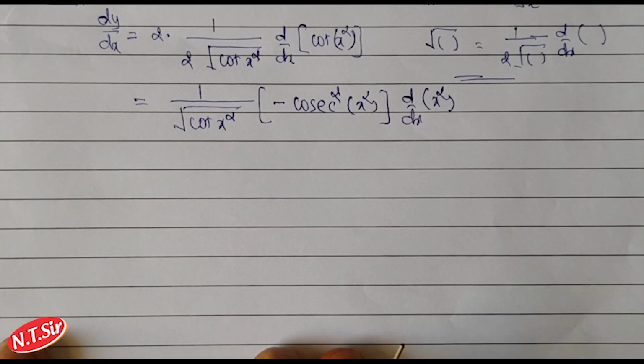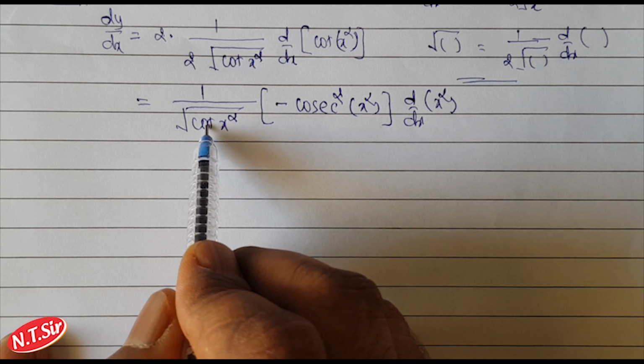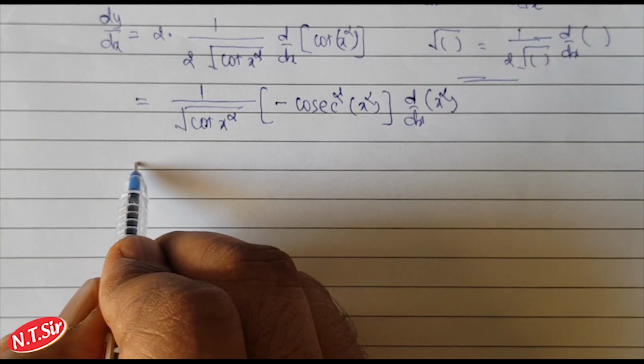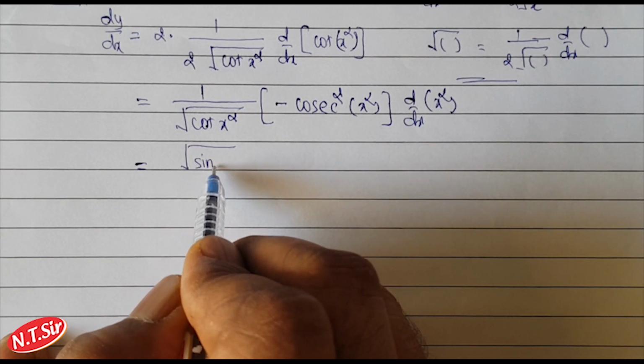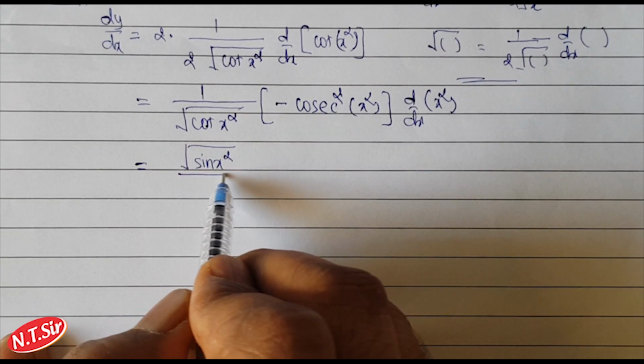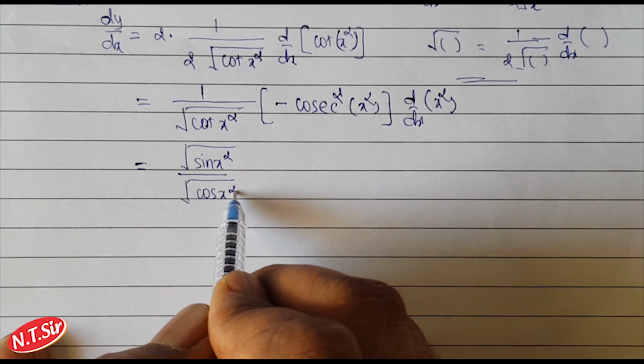Now this is root cot x square. So cot x is cos upon sine. So this is root sine x square upon root cos x square.